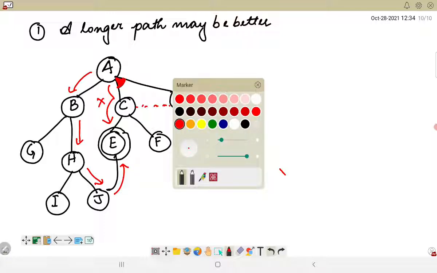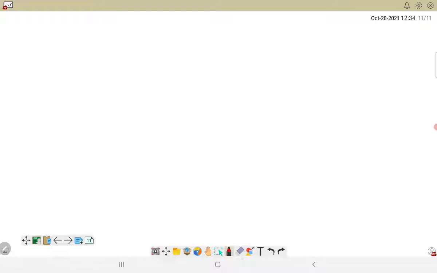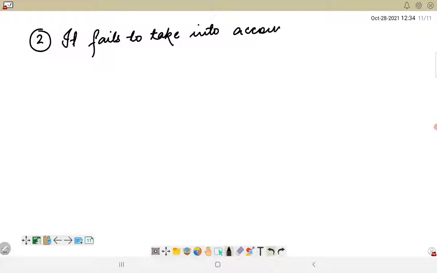Okay, and the second important point that we have to remember about the AND-OR graph or problem reduction is that it fails to take into account the interaction between subgoals.